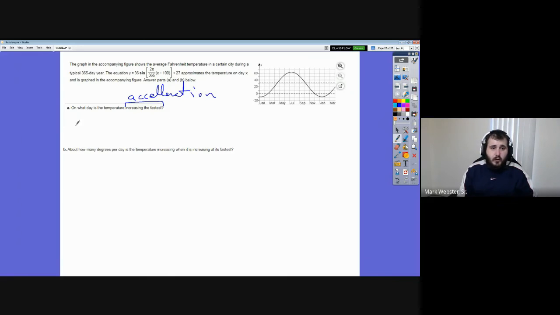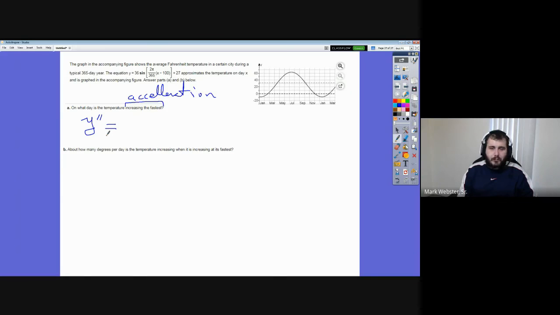So what you need to do in order to answer this correctly is find the second derivative, right? And how many degrees per day is the temperature increasing when it's increasing the fastest? So you're going to find your answer here.